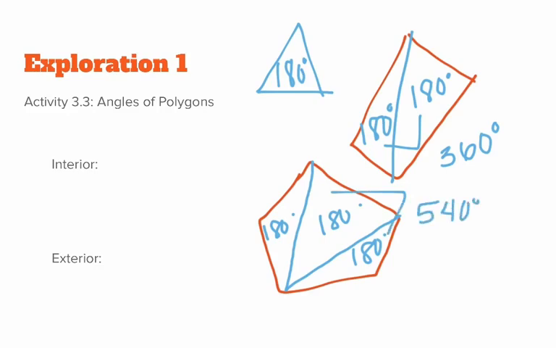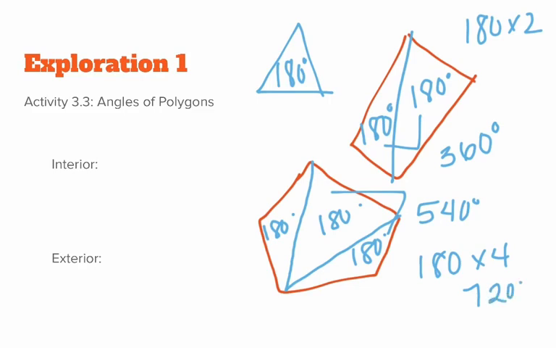Now you can see that the interior angle sum is always 180 times however many triangles there are. So in a quadrilateral there were 2, so we took 180 times 2 to get 360. In a pentagon there are 3 triangles, so we took 180 times 3. Now in a hexagon we would have another triangle, so we would take 180 times 4 for a hexagon because there would be 4 triangles. And we would get 720.